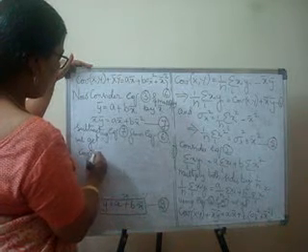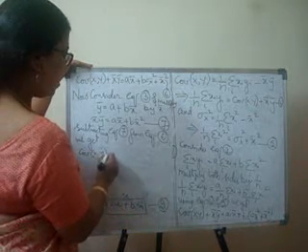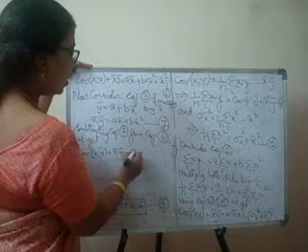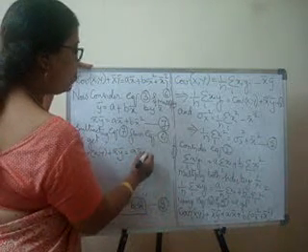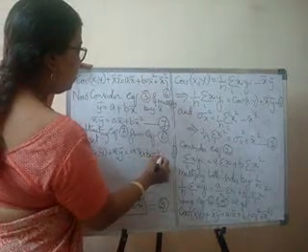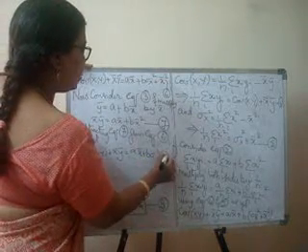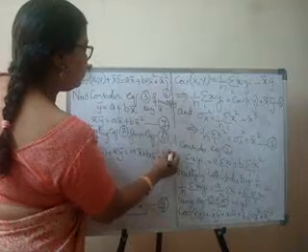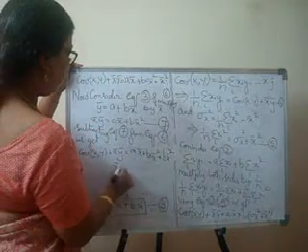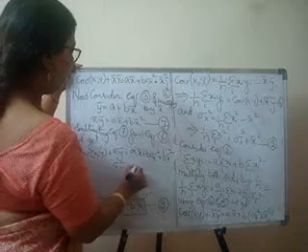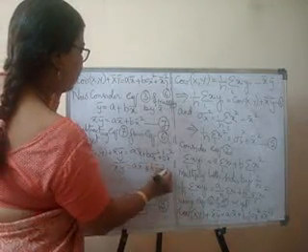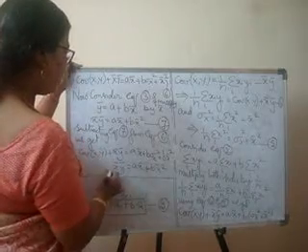Covariance of x comma y plus x bar y bar is equal to a x bar plus b sigma x square plus b x bar square. And equation 6 would be x bar y bar equals a x bar plus b x bar square. So now we have to subtract.